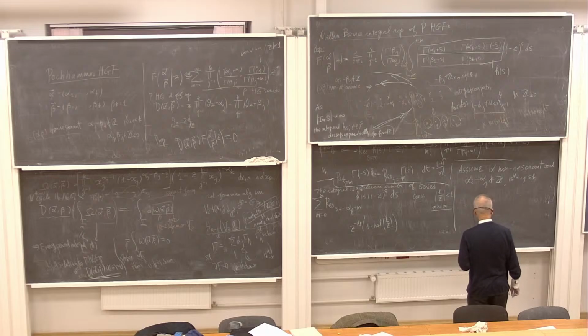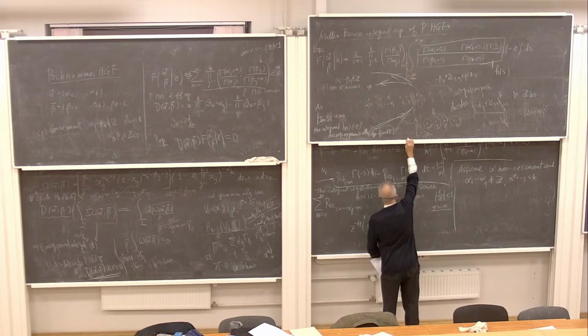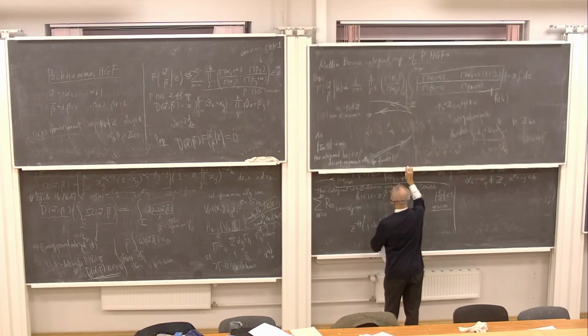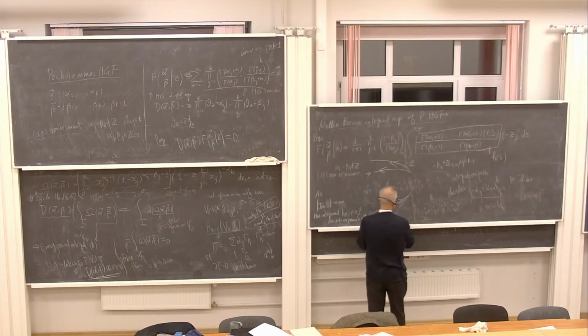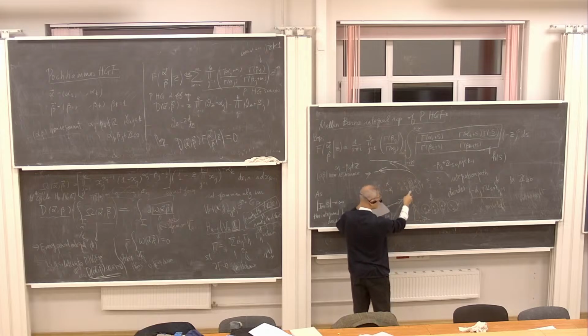This means that alpha 3 minus 1 or minus something never coincides with alpha 2 and so on.